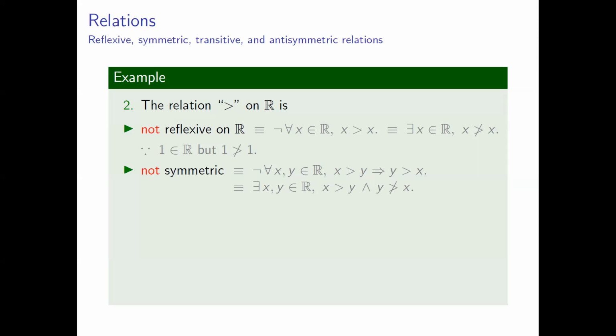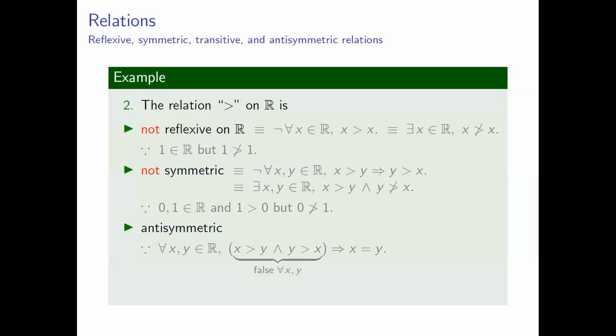We know by the trichotomy axiom that for any x and y, if x is greater than y, then y cannot be greater than x. In particular, 0 and 1 are real numbers with 1 greater than 0, but 0 is not greater than 1. So the relation greater than is not symmetric.